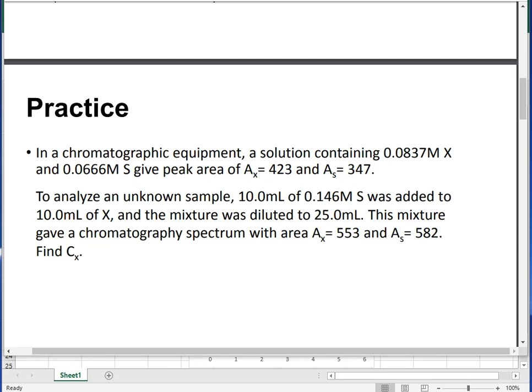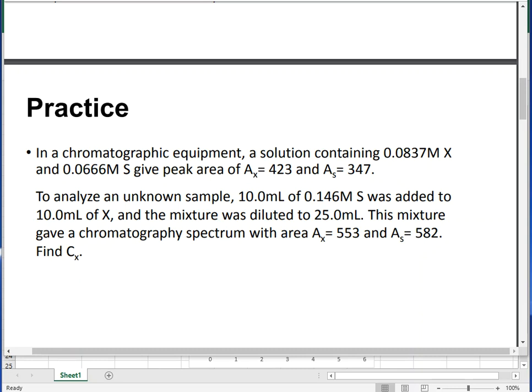So here in this practice problem, it says: in a chromatographic equipment, a solution containing 0.0837 molarity X and a 0.066 molarity S give peak areas of A sub X is 423 and A sub S is 347.